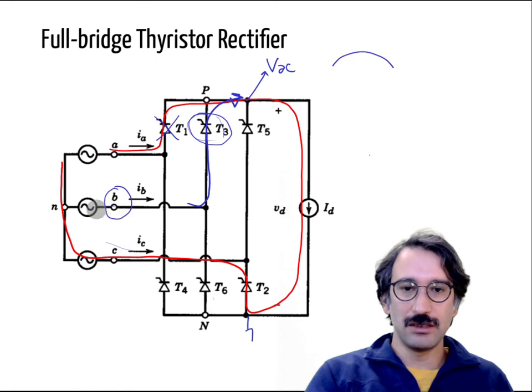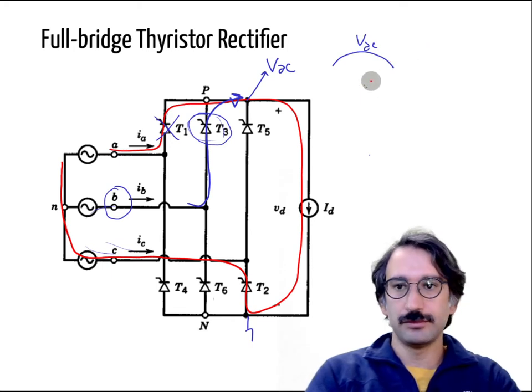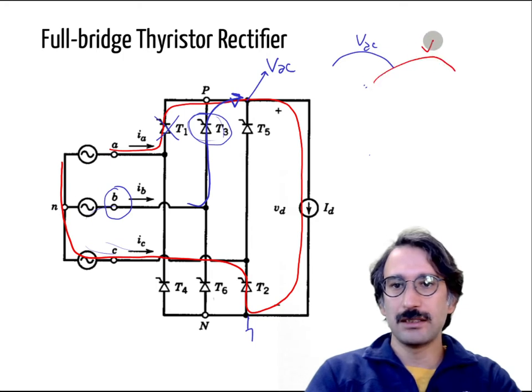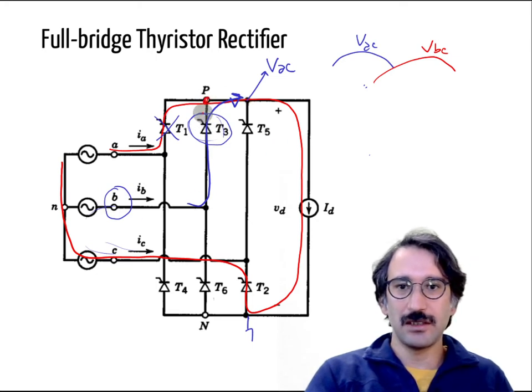that voltage B to C, I mean the next one, let's make it red, like that, and let's say this is VBC. For that point, if T3 gets into conduction mode, then our voltage will be here, VBC.